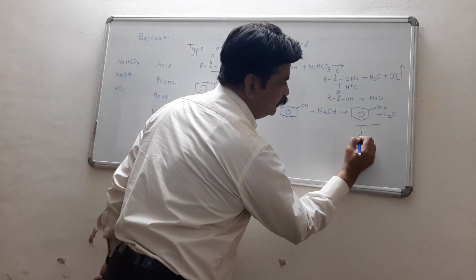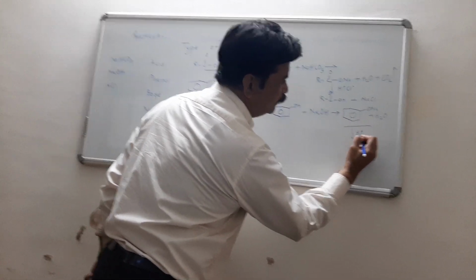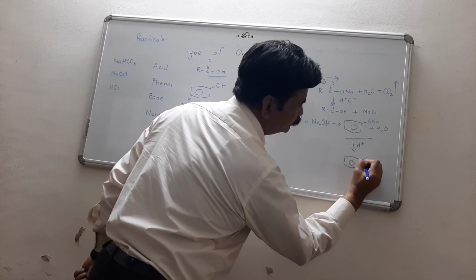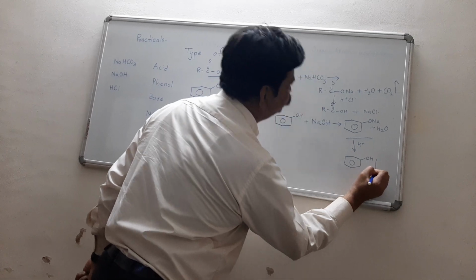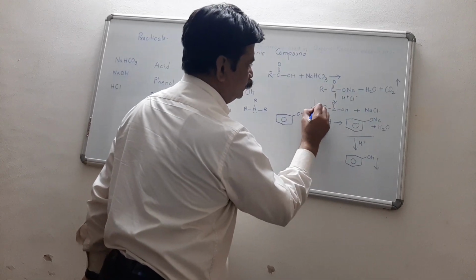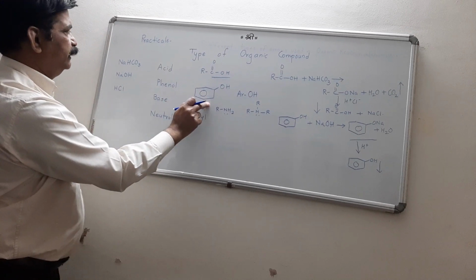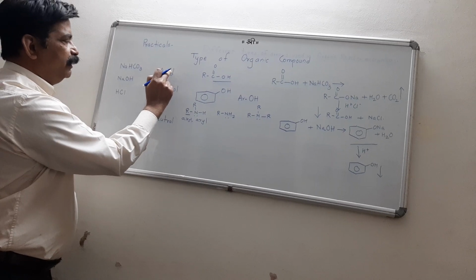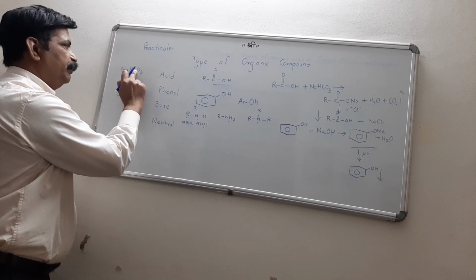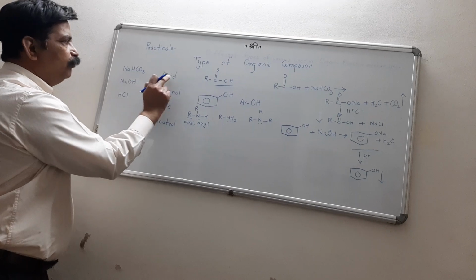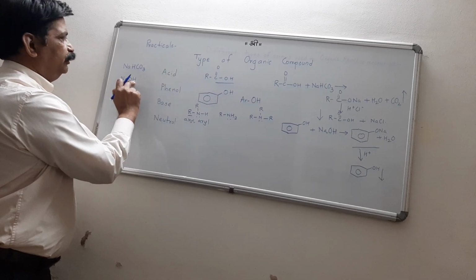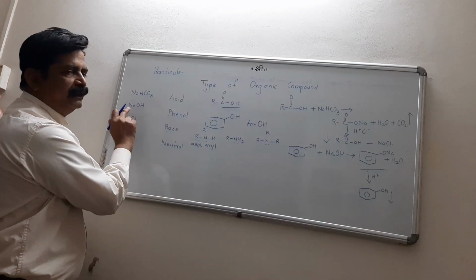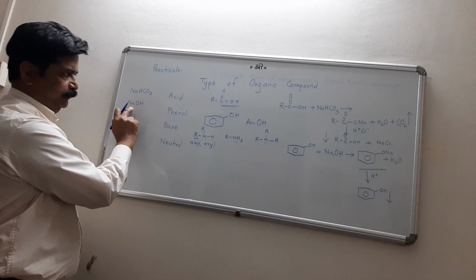To regenerate it again, acid is added, it gets converted back or reprecipitates into phenol. As this is weaker acid, it does not react with weaker base. As this is stronger acid, it reacts with weaker base as well as a stronger base. So for separation of acid, we can use this or this, but for separation of phenol or detection of type of phenol, we can use NaOH only.